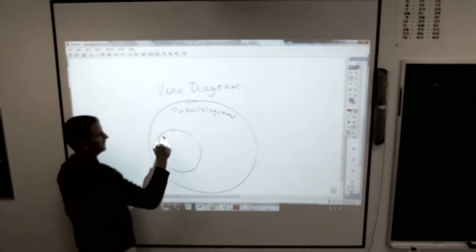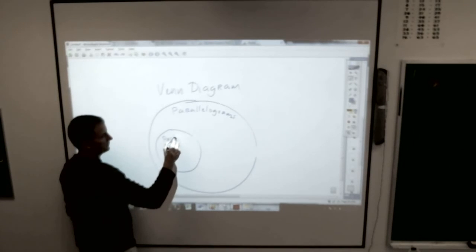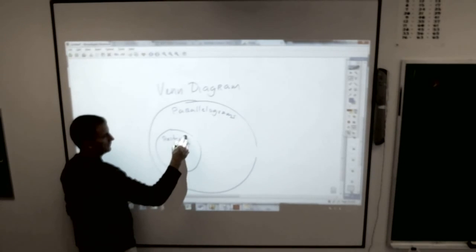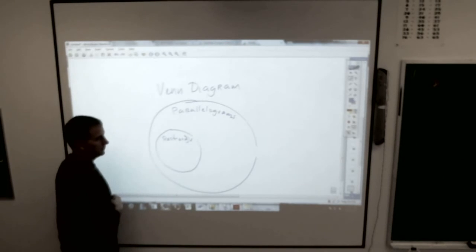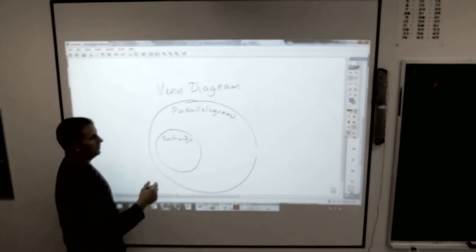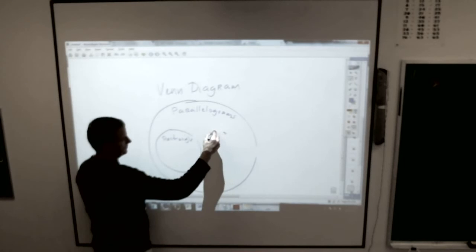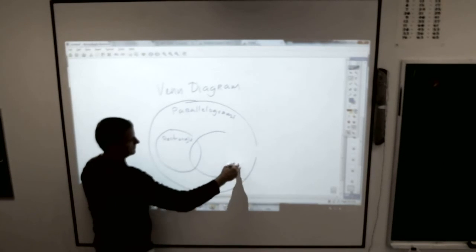Inside parallelograms, we have rectangles. Every rectangle is a parallelogram, right? And we also have inside of this rhombuses.